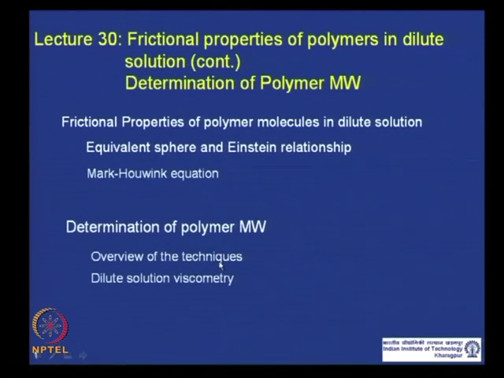We plan to give just an overview of the techniques which can be used for determination of polymer molecular weight today, and if time permits we will continue and discuss the method of dilute solution viscometry, by which we can determine viscosity average molecular weight.